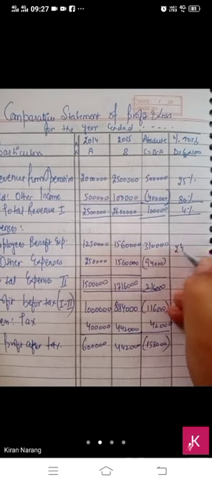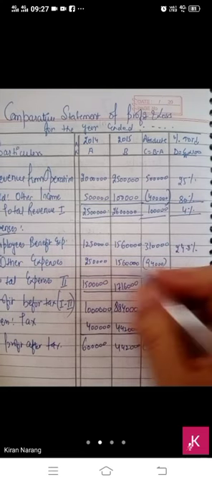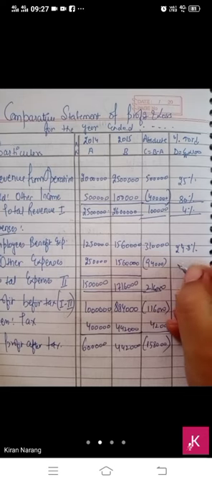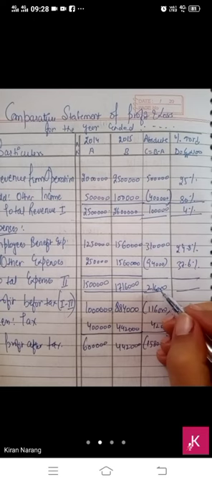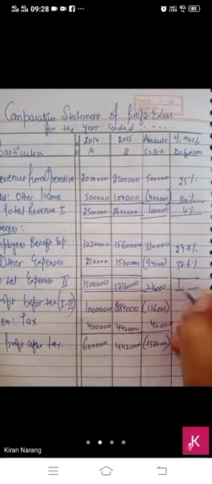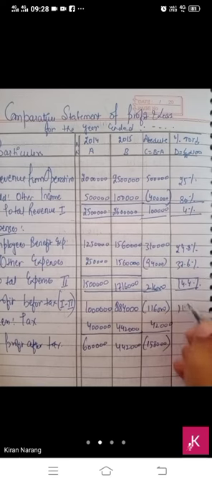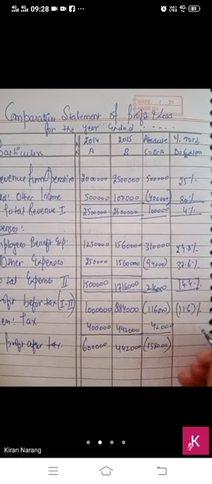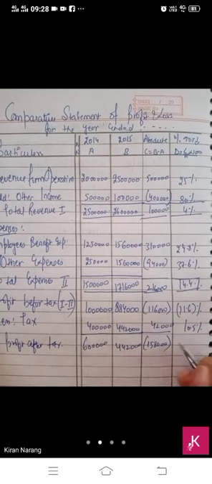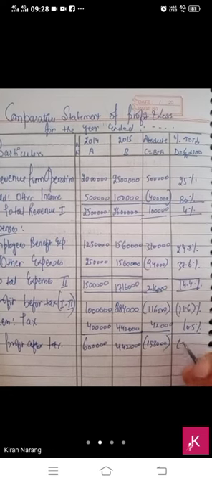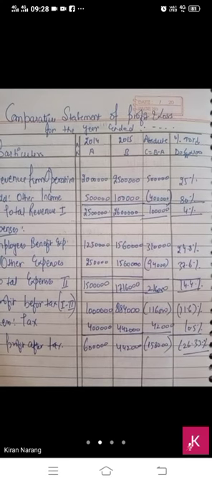Then 24.8%, C upon A into 100. Then 37.6%, then 14.4%, then 11.6% and minus 10.5, all C upon A into 100. Then the last is 26.33%. Any doubt, bache?